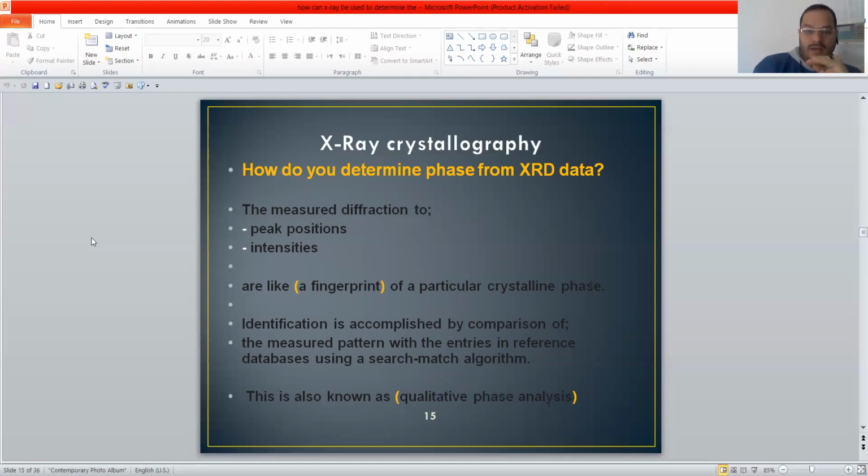And the important comparison is between the measured pattern and the entries in the reference database by using the algorithm technique. Algorithm, the right pronunciation of this word is algorithm.